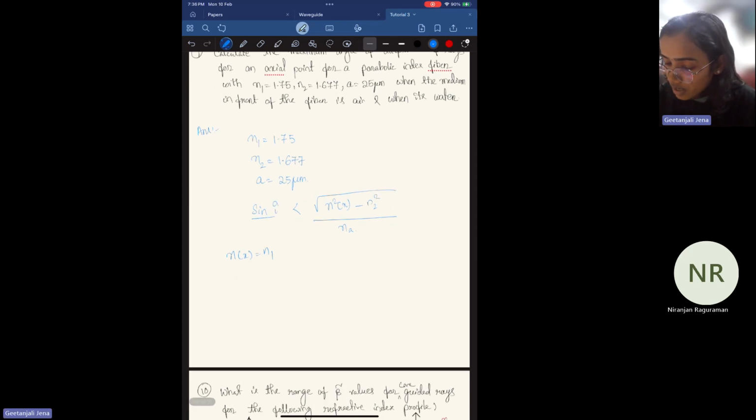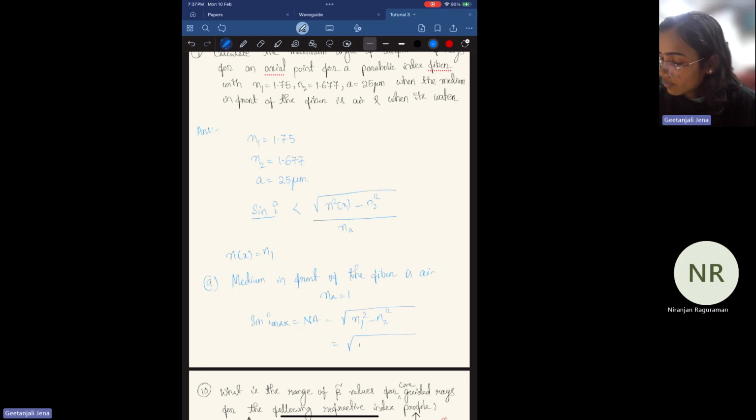So there is no need to find out what n(x) is at different points. Now for the first part, when the medium is air, na is 1. So sin i max will be the numerical aperture, root over n1 squared minus n2 squared.